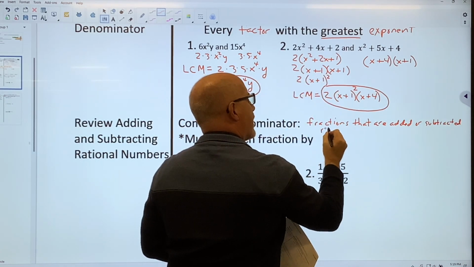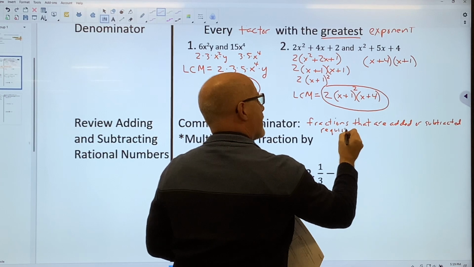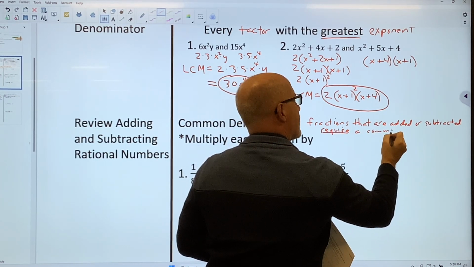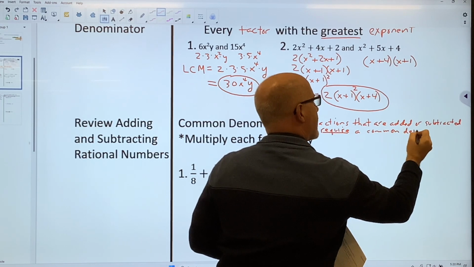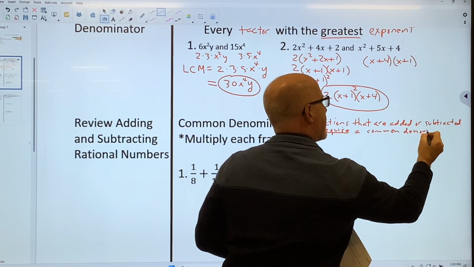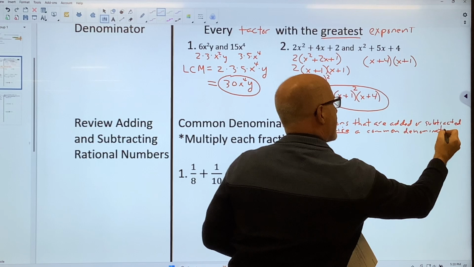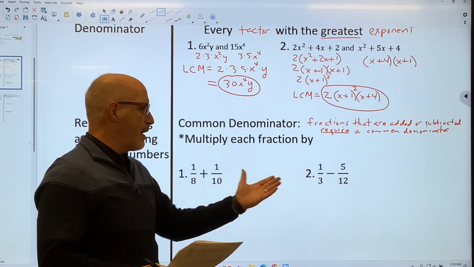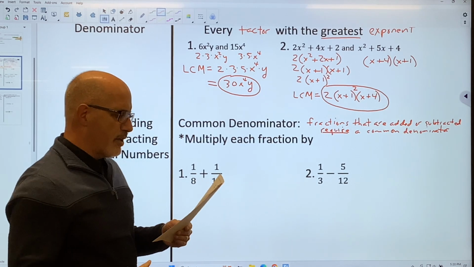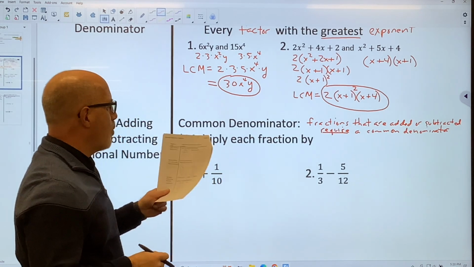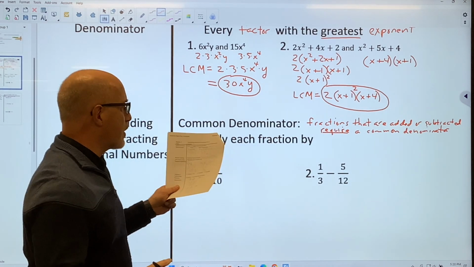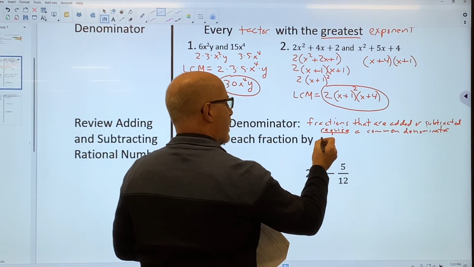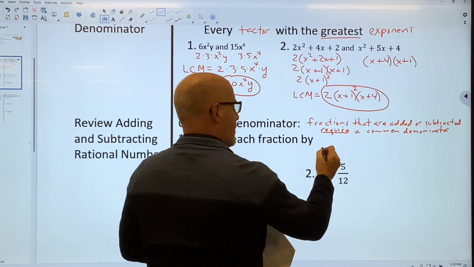They require a common denominator. Okay, so when we look at these, they don't have common denominators. We're going to have to establish a common denominator first. The technique we'll use is we're going to multiply each fraction by what its denominator is missing.